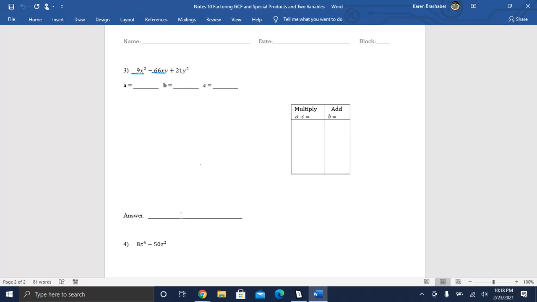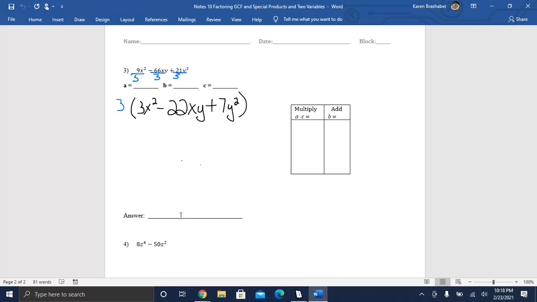Each one of these has a 3 that can be divided out, but not a variable. So we can divide out a 3 and then in our parentheses, have 3x squared minus 22xy plus 7y squared.